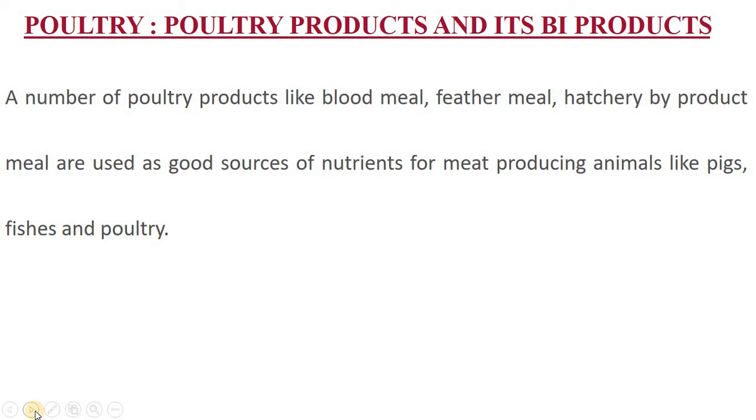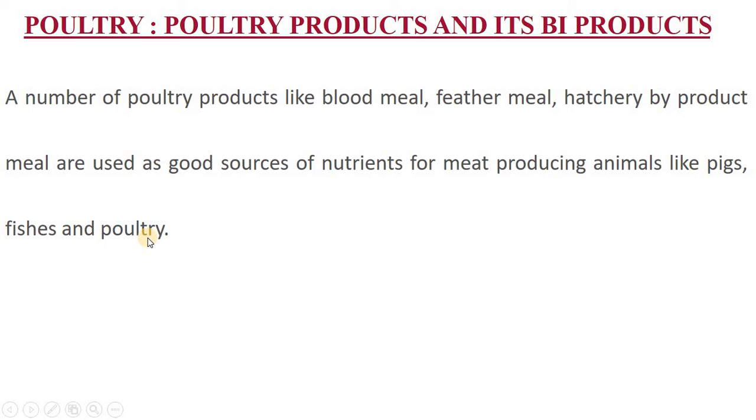A number of poultry products like blood meal, feather meal, and hatchery byproducts are also a good source of nutrients for meat producing animals like pigs, fish and poultry. I mean to say, the byproducts of the poultry industry like the blood meal or the feather meal contain a rich source of proteins, and usually these are dried, powdered and made into pellets and given to the meat producing animals like the pigs, fish and poultry itself.